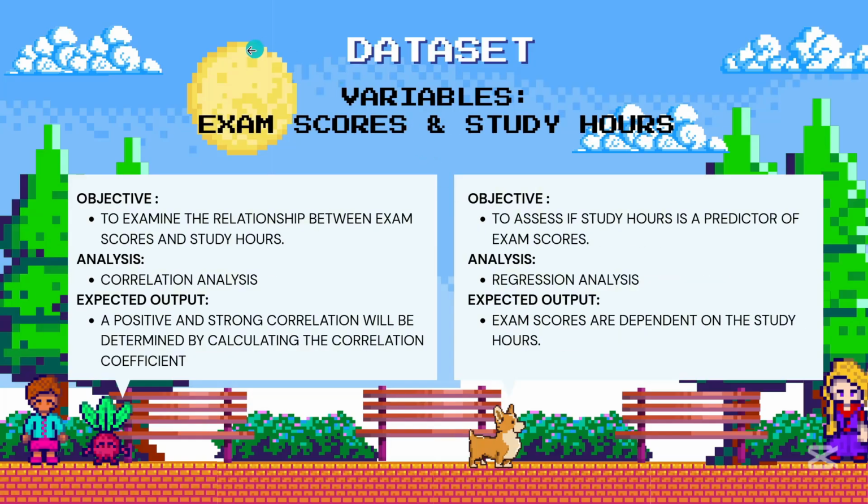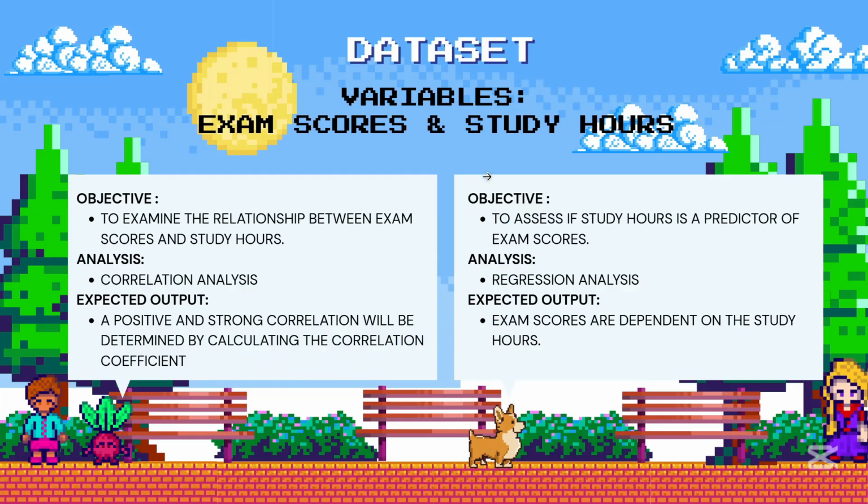The next part is we use the variables of exam scores and study hours. We also have 2 objectives in this part. The first one is to examine the relationship between exam scores and study hours by using correlation analysis. Our expected output is that a positive and strong correlation will be determined by calculating the correlation coefficient.